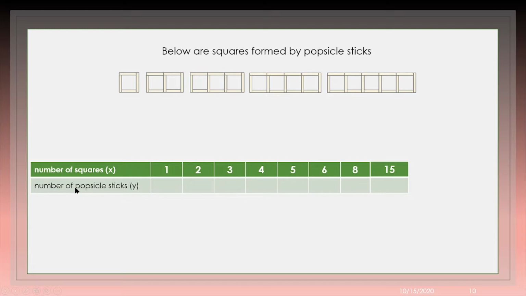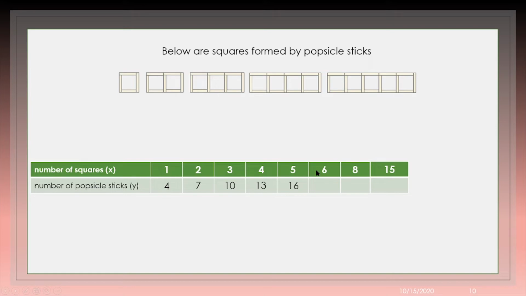Sasagutan natin yan. Then the second row represents the number of popsicle sticks, denoted as y. In 1 square, we have 4 popsicle sticks. In 2 squares, 7. In 3 squares, 10. In 4 squares, 13. And in 5 squares, 16.